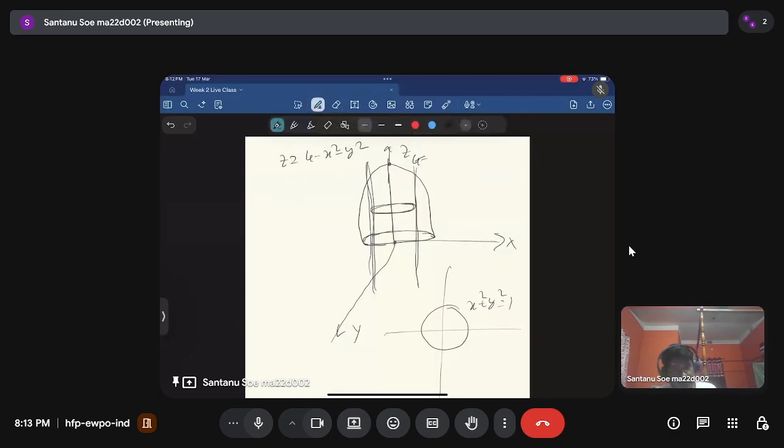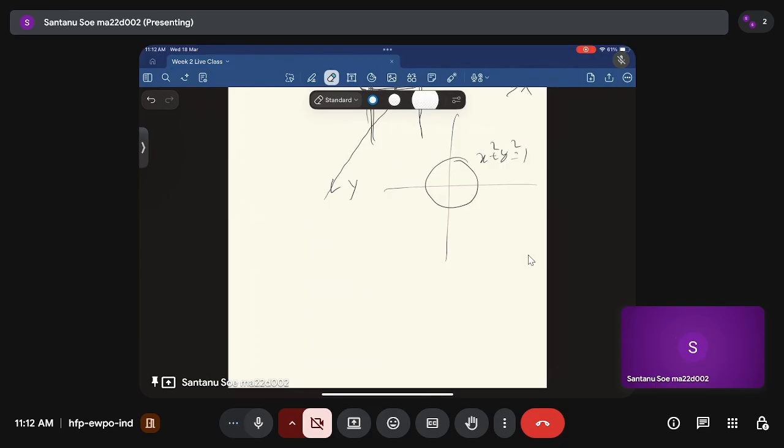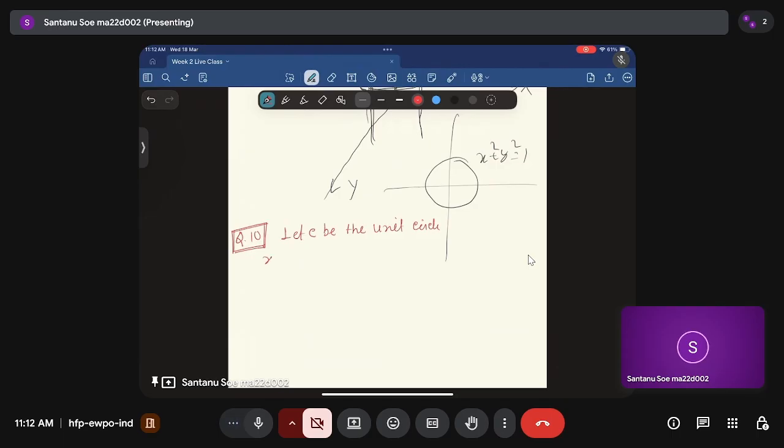Okay, now let us solve the next question, which is also an application of Green's theorem. The question is written as follows. Let C be the unit circle x square plus y square equals 1, oriented counterclockwise.